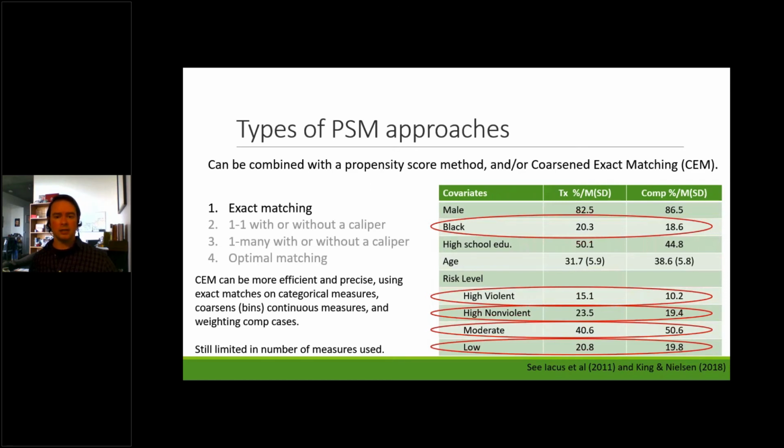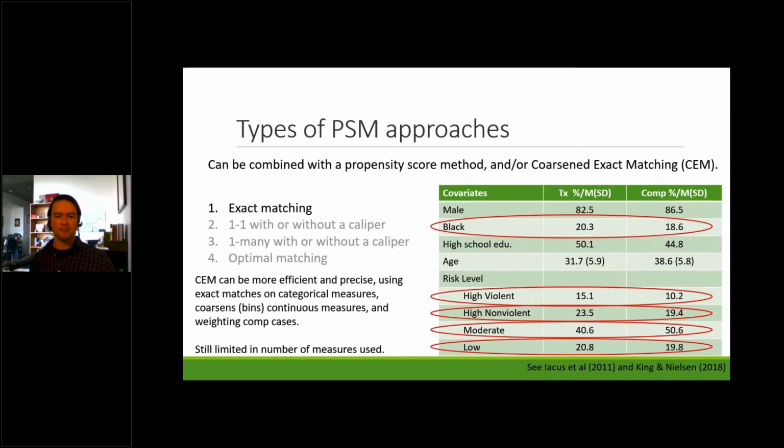I will note that the creators of CEM, from the folks out of Harvard, will say that CEM is supposed to be a kind of panacea for people who don't like to recheck the balance and reweight or reassess the propensity score, and I will really caution you on that. It really depends on your specific situation and evaluation. Sometimes it might be really helpful, and it might really streamline the traditional workflow.